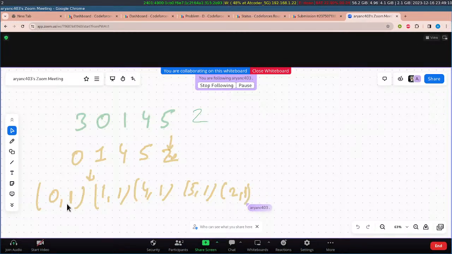Initially it was 0, 2. Once we move something from the front to the back, the frequency of the last element decreased by 1, and a new element appeared over here.